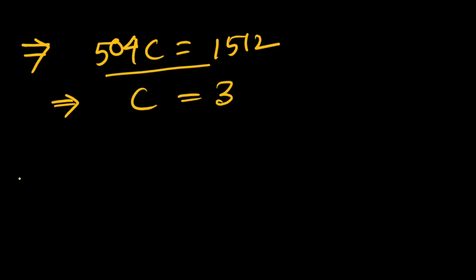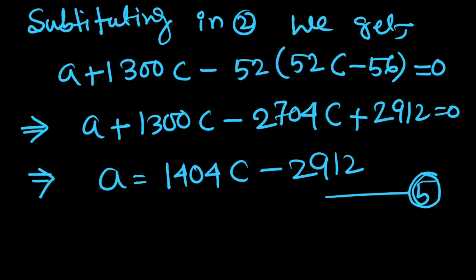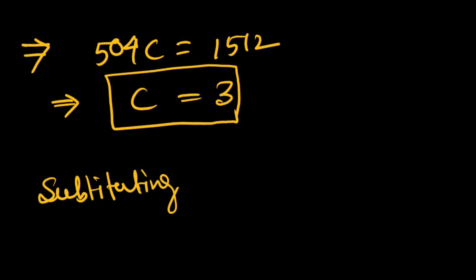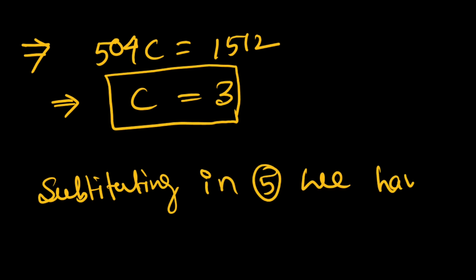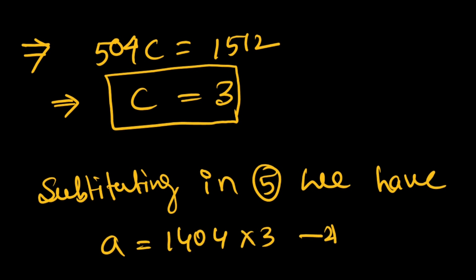So we get c is equal to 3. Therefore we put it in equation 5, and we get the value of a: a is equal to 1404 into 3 minus 2912, which gives 1300. Now the rest is b. See equation 4, b is equal to 52c minus 56.